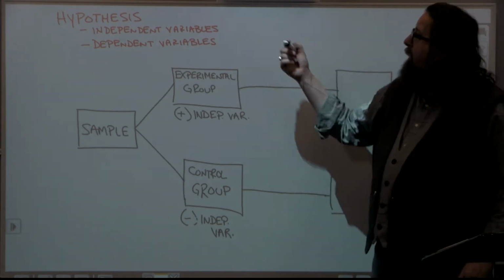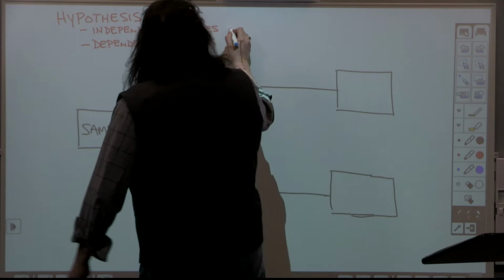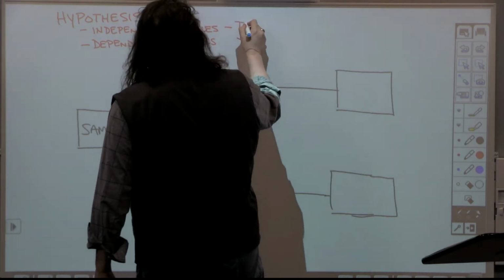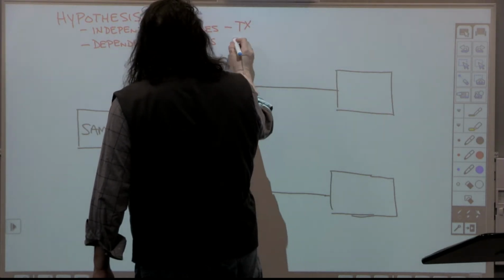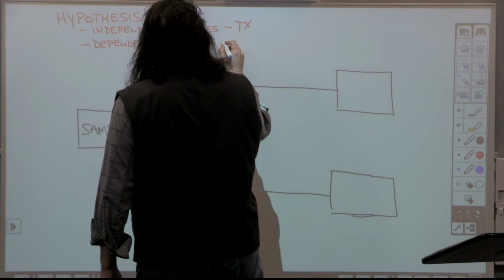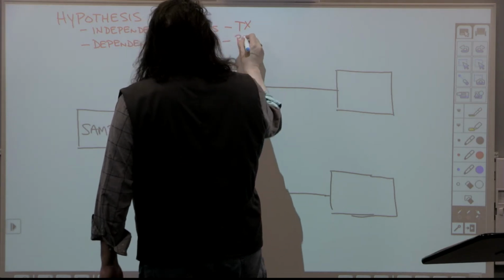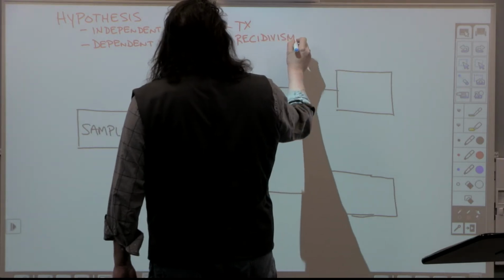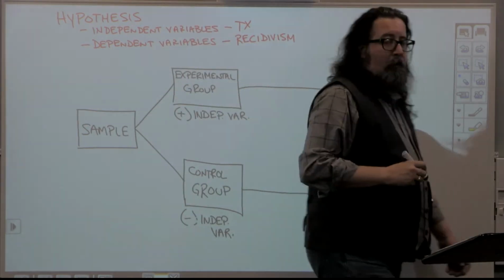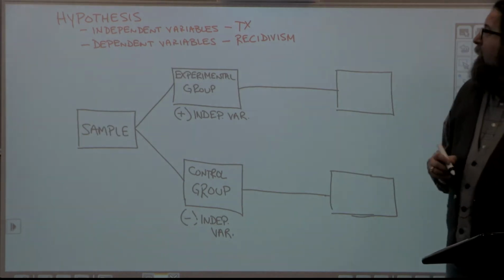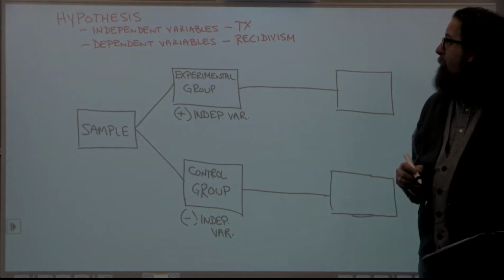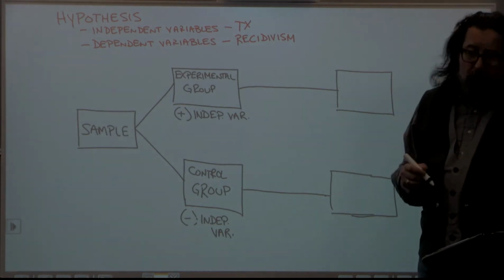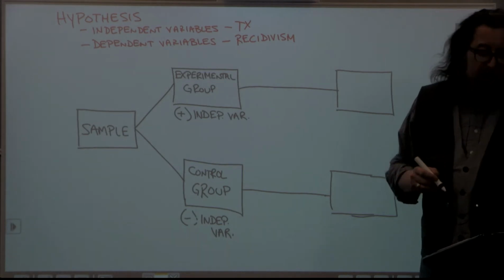That is our independent variable in this case, and the abbreviation we'll use for that is treatment, TX. And then we want to see if they'll do it again, and we use the term recidivism to describe committing a crime again. So that is the dependent variable. So our hypothesis contains both those elements.